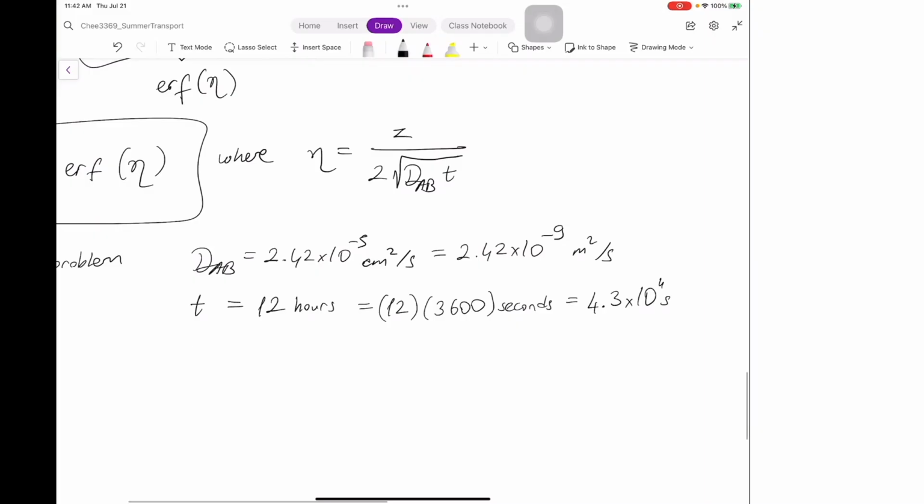And z is a depth of 2 centimeters, which is 0.02 meters.